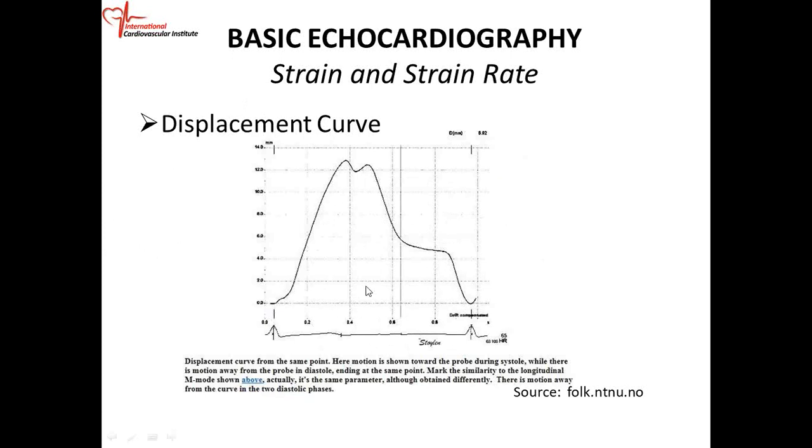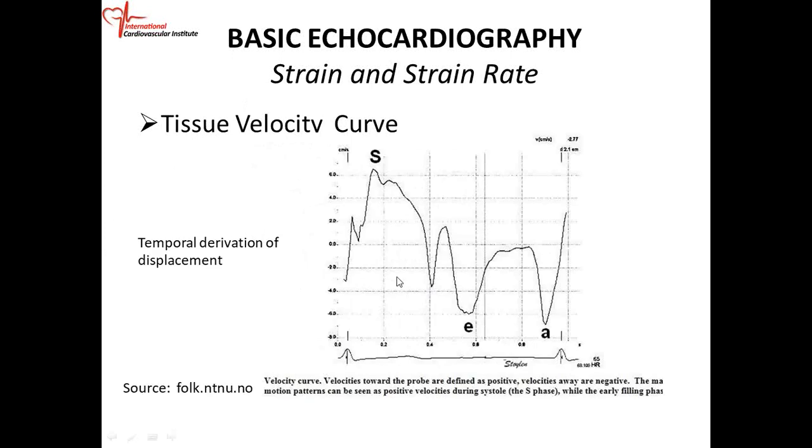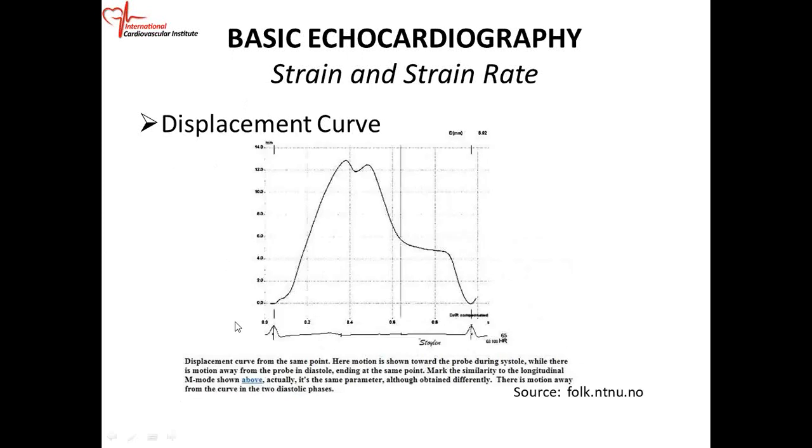And then your velocity curve: you recognize this is your S, the so-called S prime, and then your E prime and your A prime. So you can figure out your tissue velocity curve, because you have your S prime, E prime and A prime.